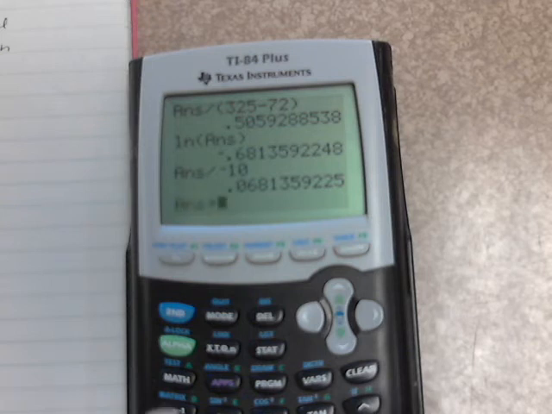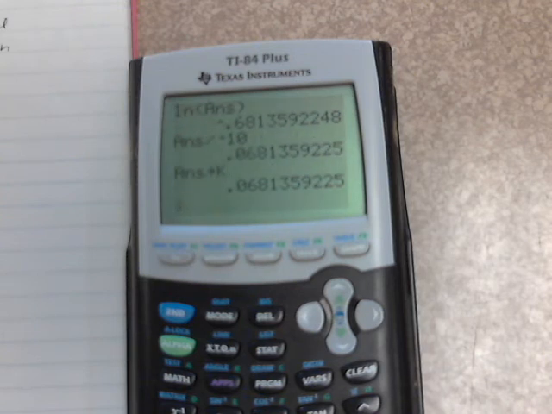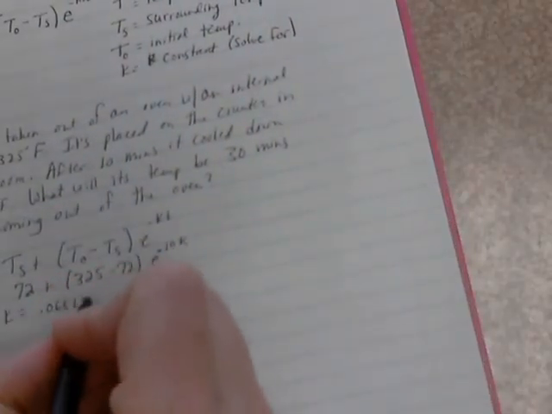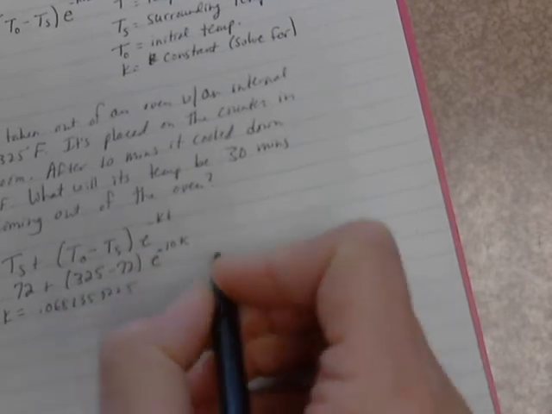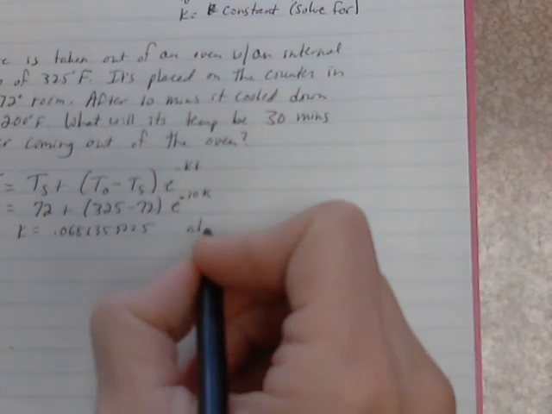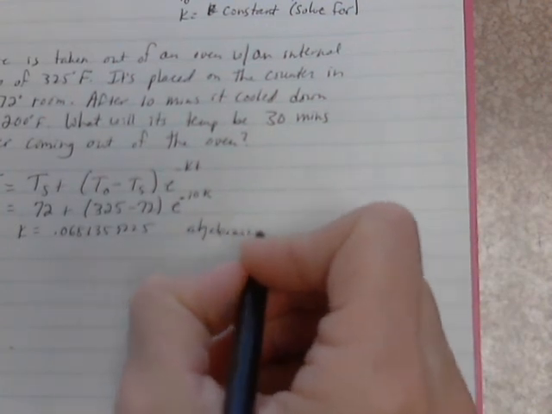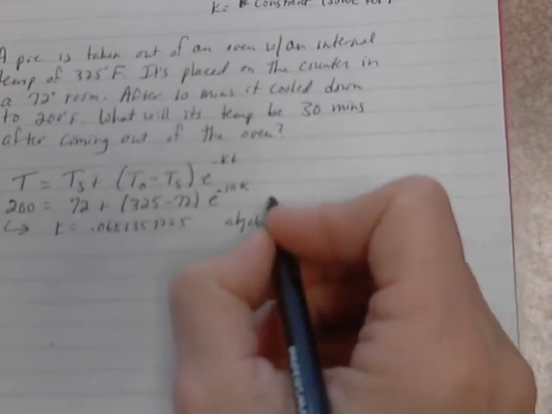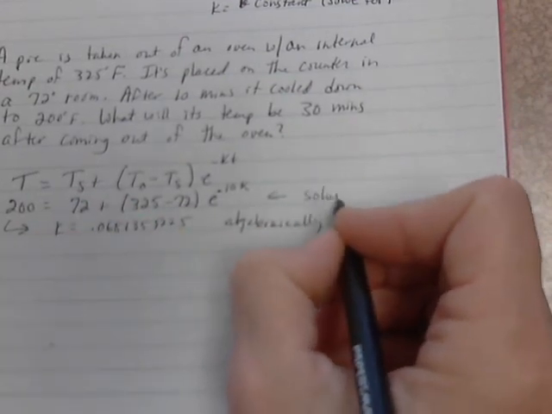I'm going to store that into k. And we're solved for k.